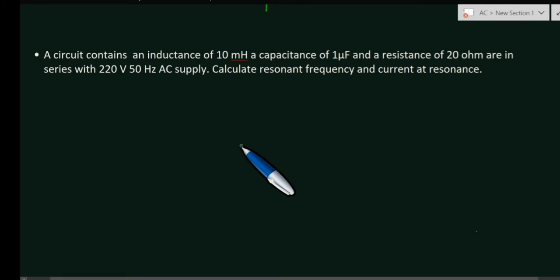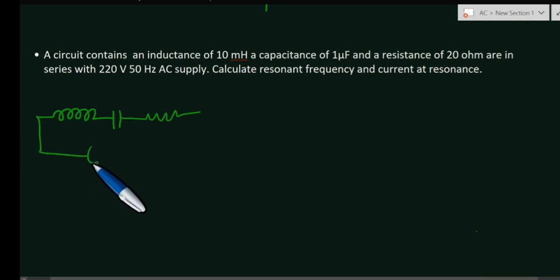A circuit contains an inductor of 10 millihenry, a capacitor of 1 microfarad and a resistance of 20 ohm in series with a 220 volt 50 Hz AC supply. Calculate the resonant frequency and current at resonance. So in the question, there is an LCR circuit connected to an AC source.